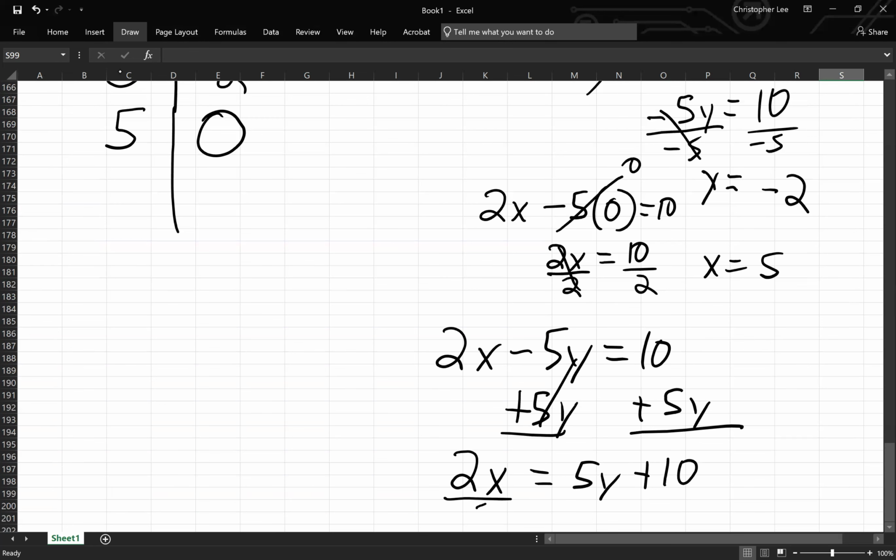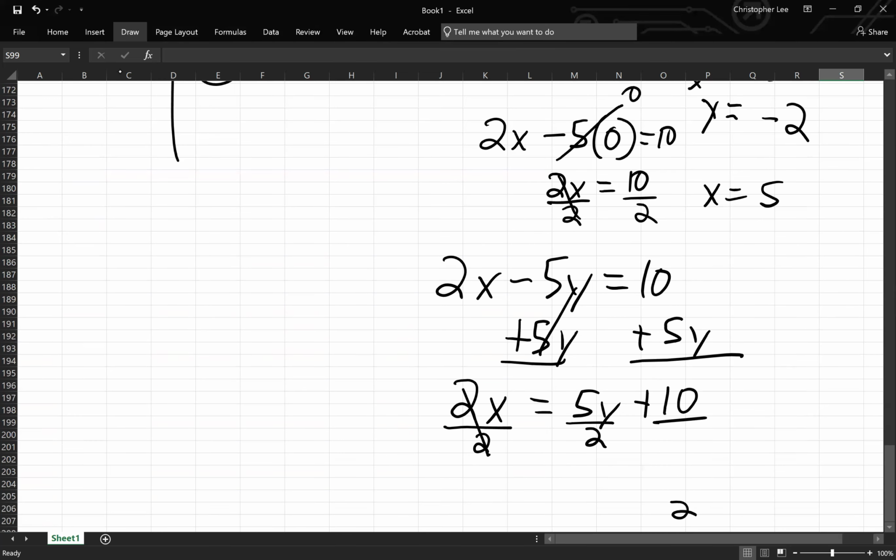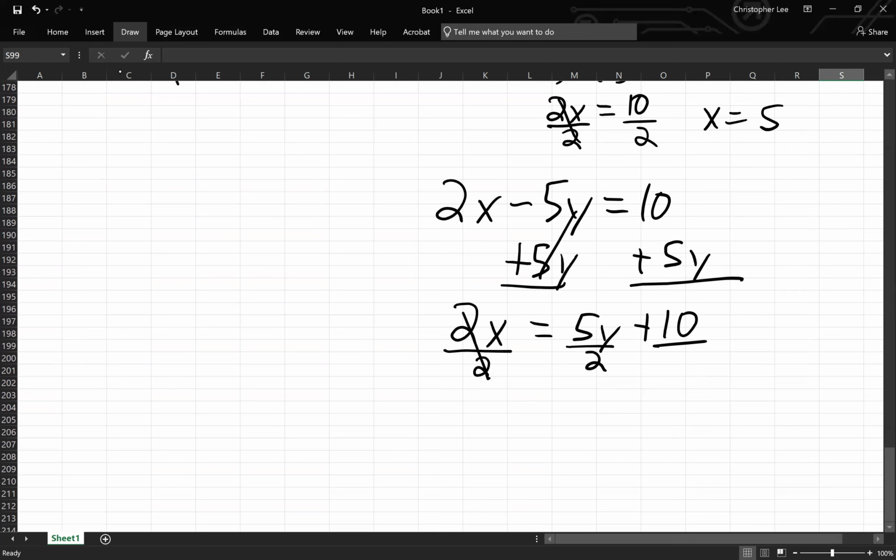Then I'm going to divide by 2. What you do to one side, you do to the other. So now what do I have? I have x is equal to 5/2 y plus, what's 10 divided by 2 again? 5. So now pick a value for y.